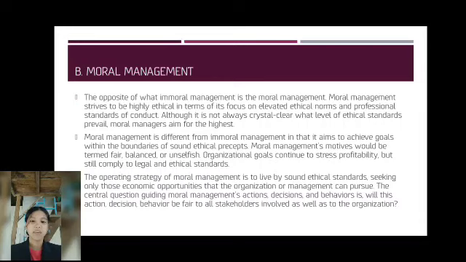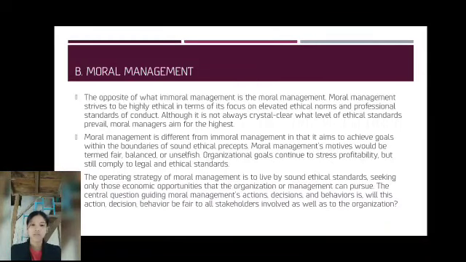So what do we mean by moral management? When we say moral management, it is management with ethics, a state of ethical excellence and the practice and implementation of moral maximization principles. Moral management conforms to high standards of ethical behavior.